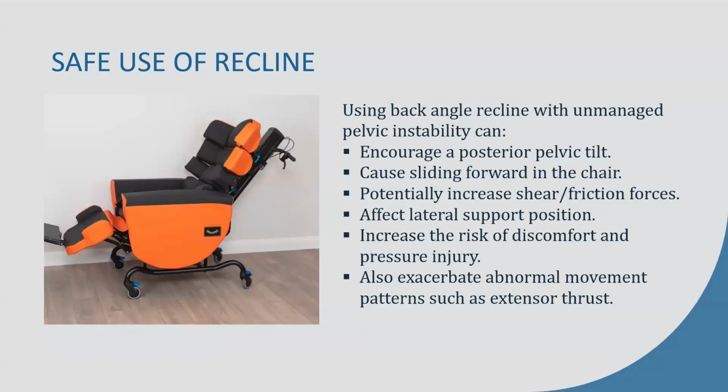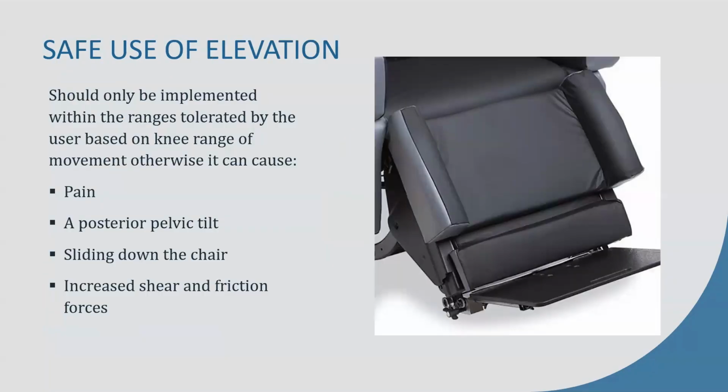It can affect the lateral support position as well, with gravity exaggerating asymmetries. We can see pain increasing, sadly pressure ulcers potentially coming, and it can also exacerbate abnormal movement patterns. So if you work with people who do have these abnormal movement patterns, extensor thrust, as I said, sometimes opening up a hip angle, we can see those tonal reflexes increase.